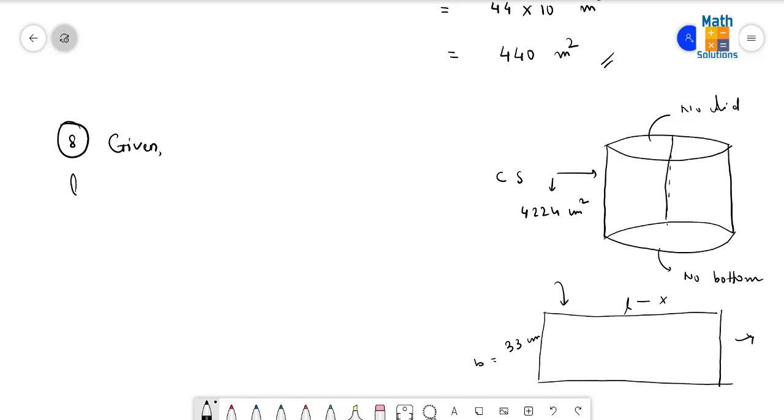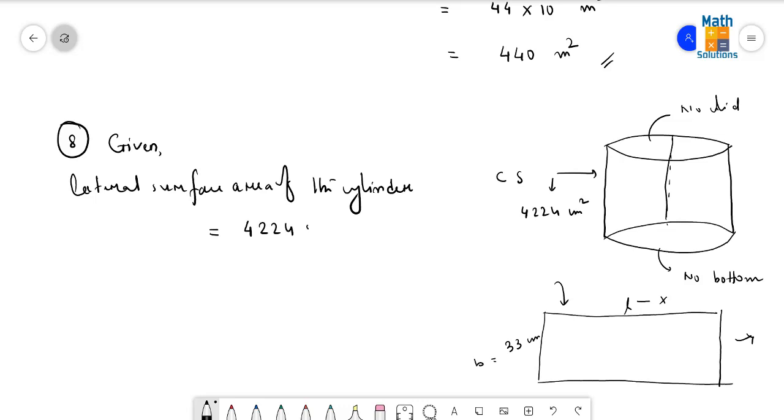Given: lateral surface area of the cylinder is equal to 4224 centimeters square.